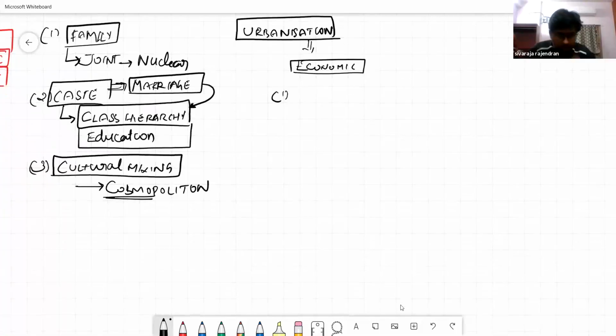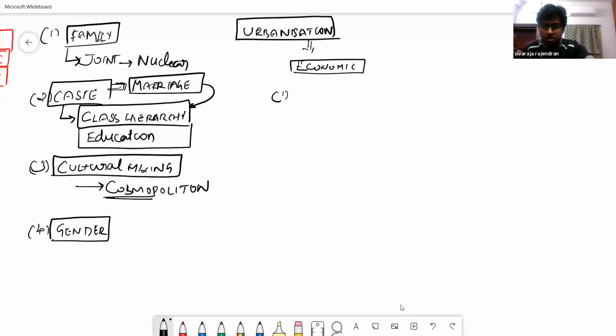Okay, see, whatever we did, we discussed gender in class. Think about it, in social impact, gender impact is also high. In rural area, gender is very constricted. In urban area, a little freedom, freedom from patriarchy.